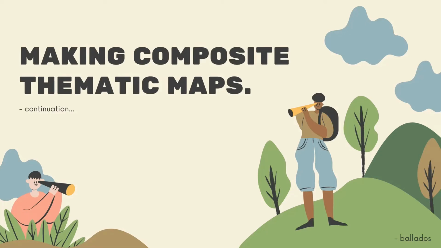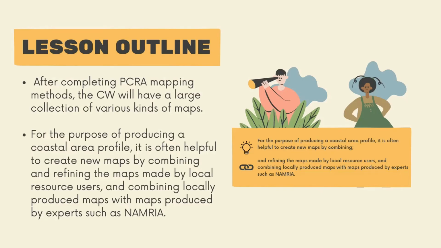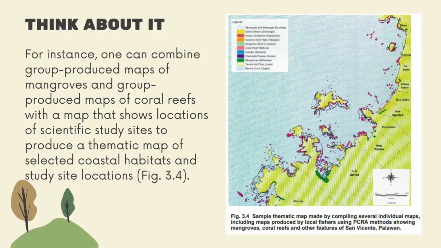Making composite thematic maps. After completing the PCRA mapping method, the CW will have a large collection of various kinds of maps. For the purpose of producing a coastal area profile, it is often helpful to create new maps by combining and refining the maps made by local resource users, and combining locally produced maps with maps produced by experts, such as numerical.